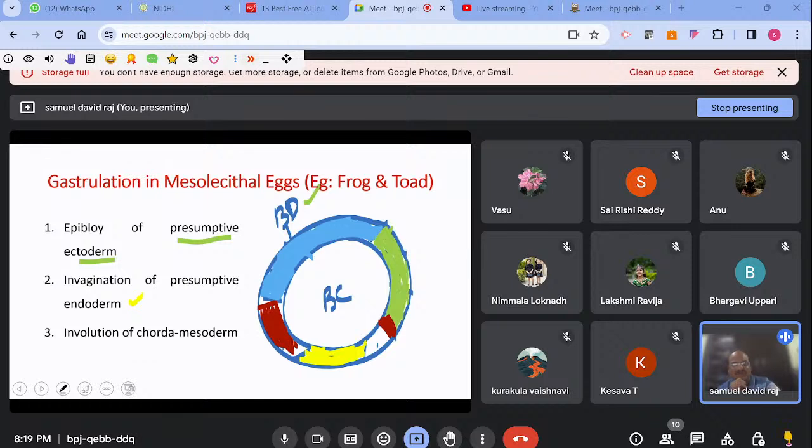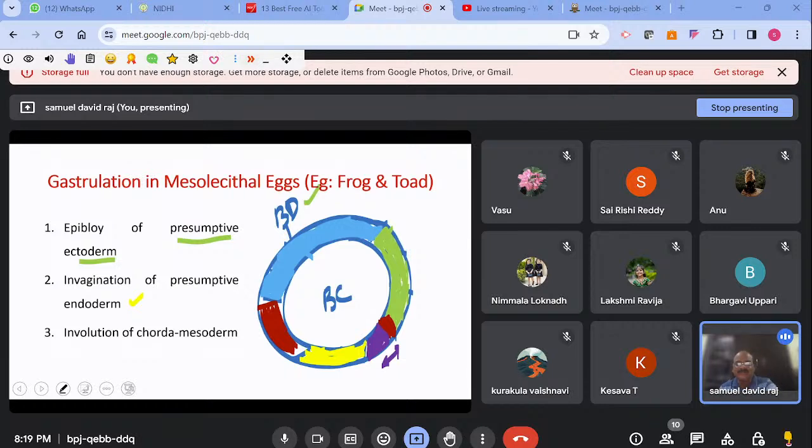So these we call presumptive mesodermal cells. In addition to this, there are cells which are destined to form the notochord, and hence this region is called chorda mesoderm. Okay, this is the fate map of the blastula of frog and toad.